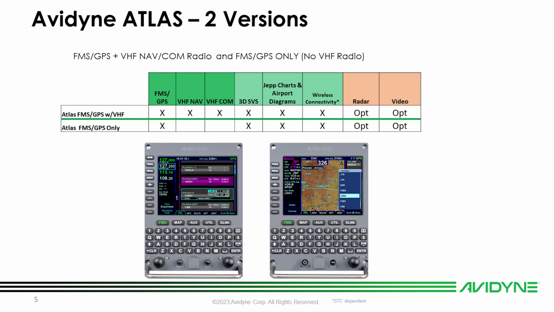So as you can see from the chart here, there's a lot of cool features, including integrated 3D synthetic vision, integrated Jeppesen approach charts and airport diagrams, an optional wireless connectivity, also options for radar and video inputs. So it's a very versatile flight management system designed to fit into a standard Zeus width UNS form factor FMS in the pedestal.